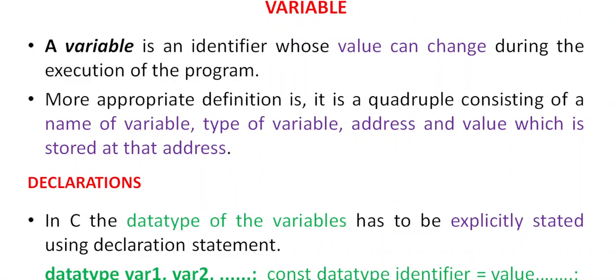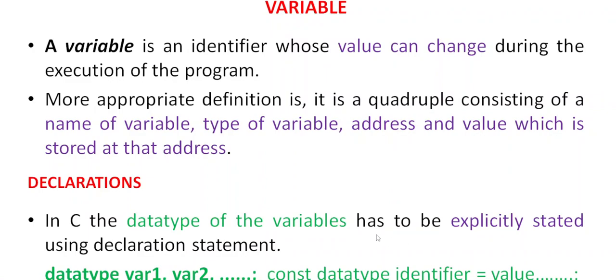The syntax is the data type int, followed by variable 1, comma, variable 2, etc. You can declare any number of variables, but the declaration will be terminated by a semicolon. These dots indicate that any remaining variables can be declared here.